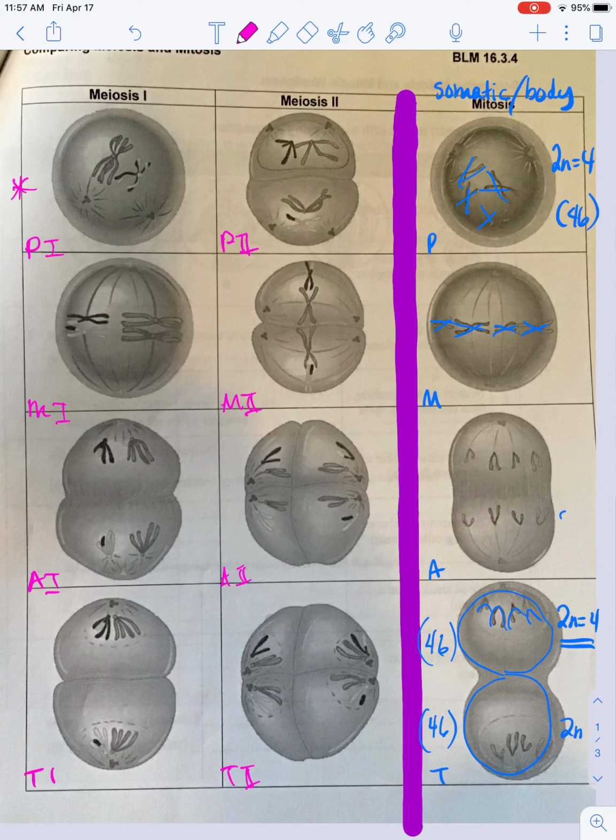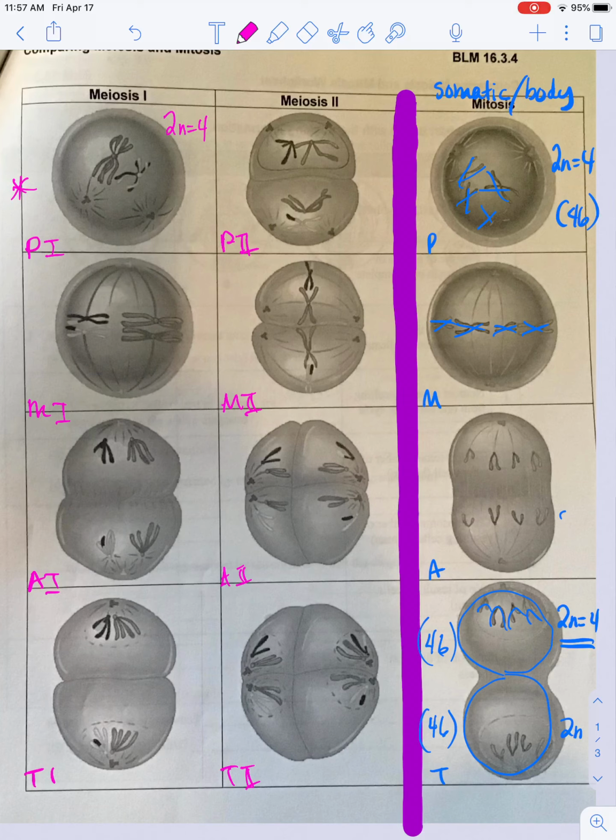And the significant thing over here is that if you ever get a question about where crossing over happens, it's only ever going to happen at prophase 1, where you see these, in this case, 4 chromosomes, and the homologous pair, 2 number 1s, 2 number 2s, are crossing over and swapping their genes.